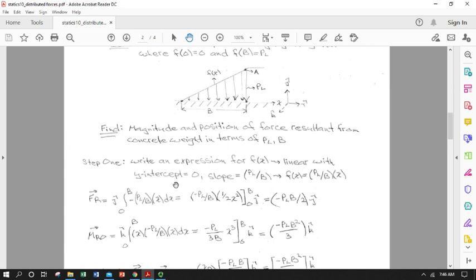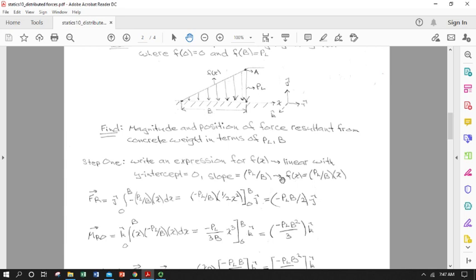We have a y-intercept at, we're going to call x equals 0 this beginning point of the ramp. So we have a y-intercept, which is great. So our load distribution is 0 when x is 0, and now we need a slope, y equals mx plus b, right? So we know that at point A, we've gone up P sub L and we've gone over B. So the slope m, or slope of our line, is P sub L over B.